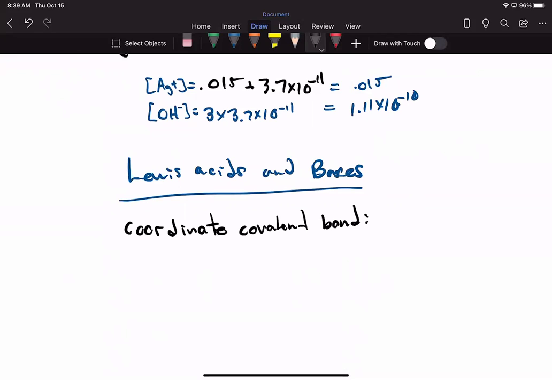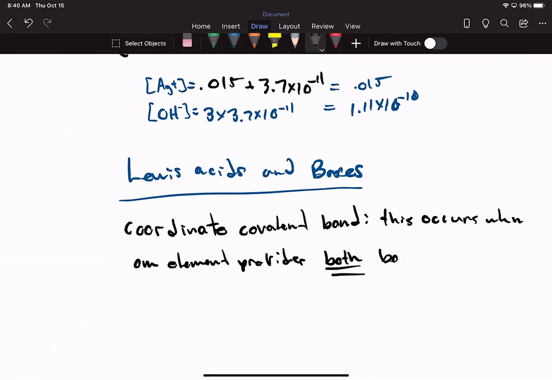So what a coordinate covalent bond is, this occurs when one element provides both bonding electrons, right?